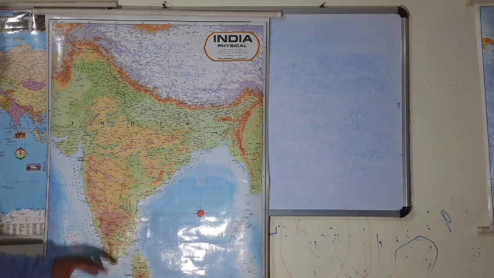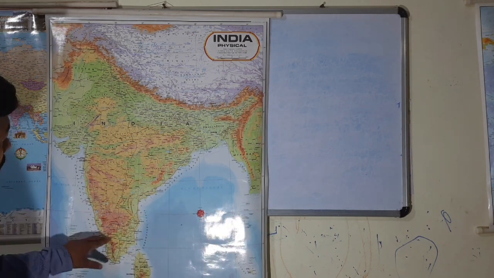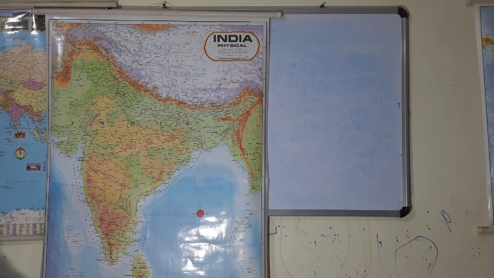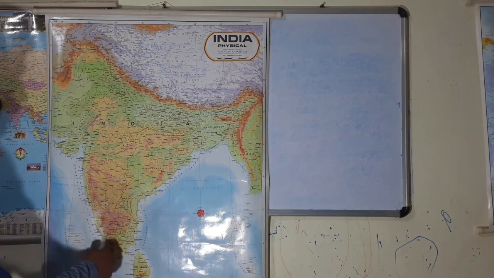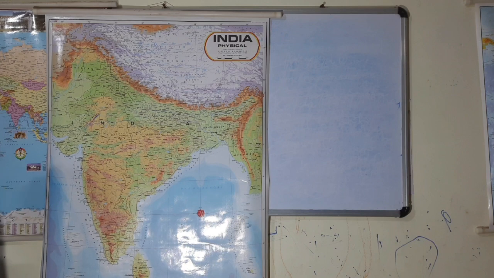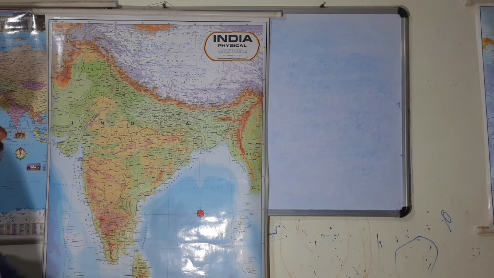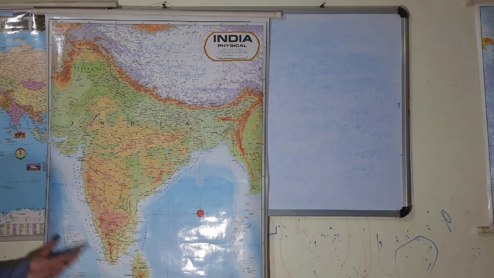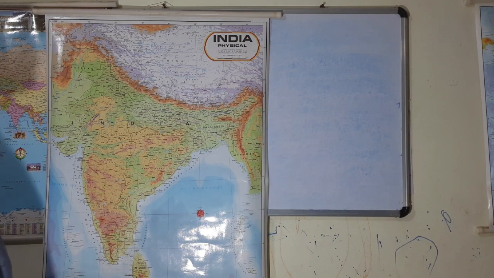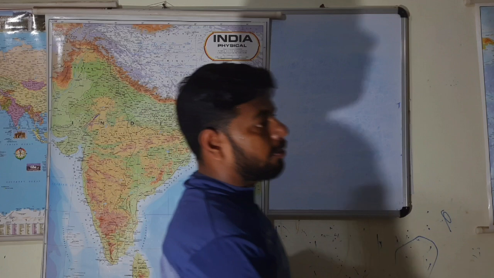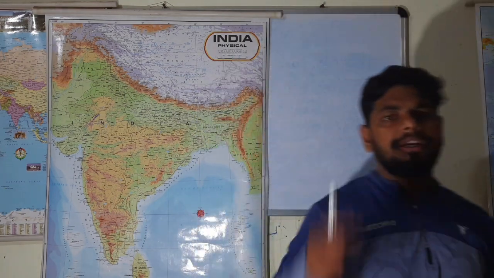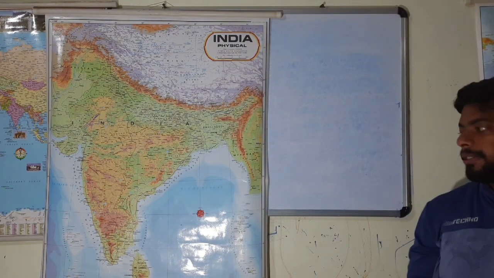But let me tell a little bit: the Western Ghat and Eastern Ghat meet at the point Nilgiri Hills. Nilgiri Hills is also a biosphere reserve, and it is also called the Blue Hills.